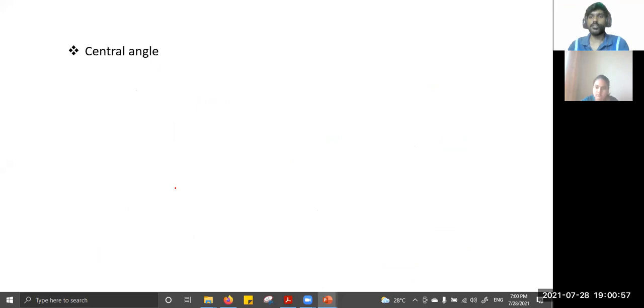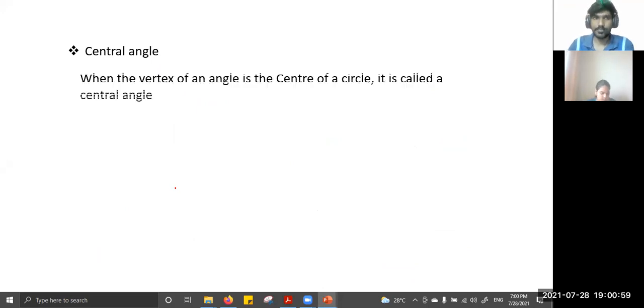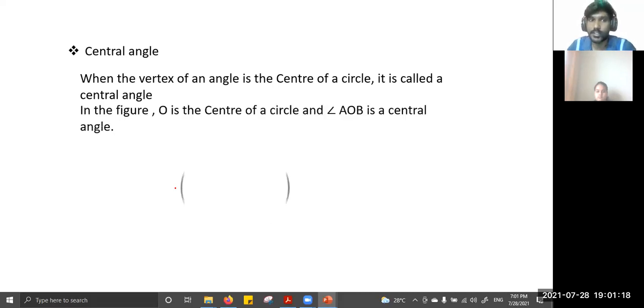Okay. So our next concept is central angle. Now see, in an angle, if the vertex is the center of the circle, then that angle is called a central angle.